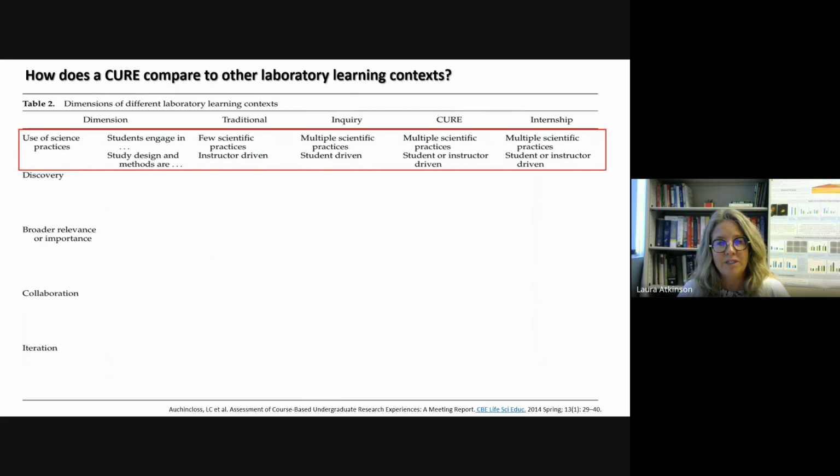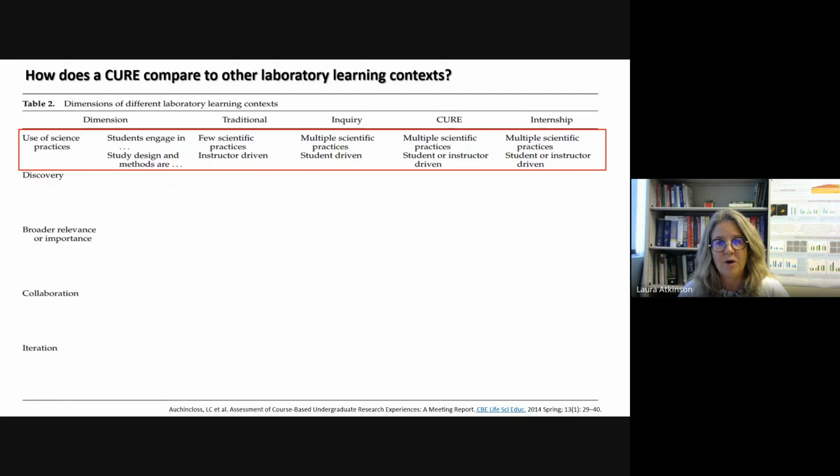What we see in traditional lab learning is that there are few scientific practices because they're often given a protocol, and it's more of a learning of the protocol rather than understanding of it. And the study design and methods are obviously instructor driven.